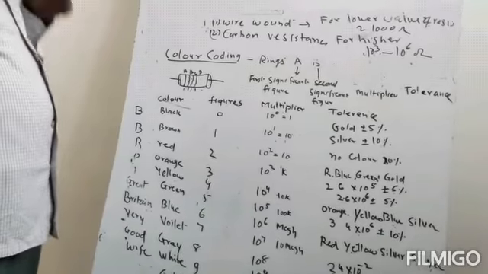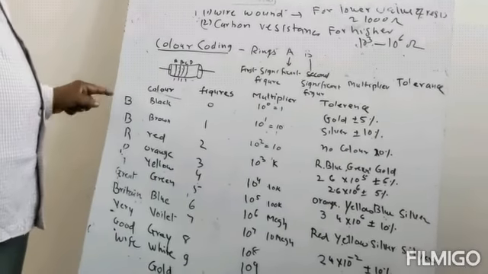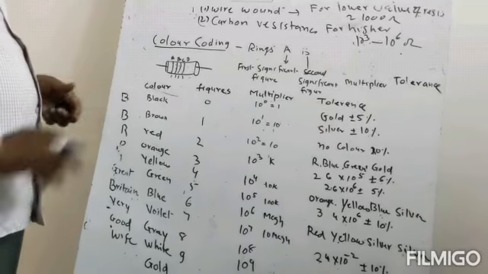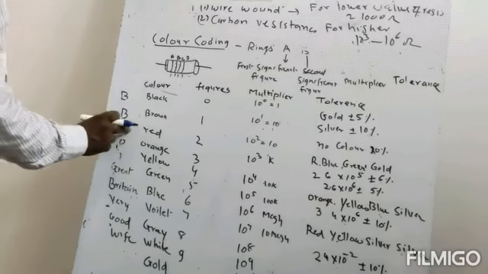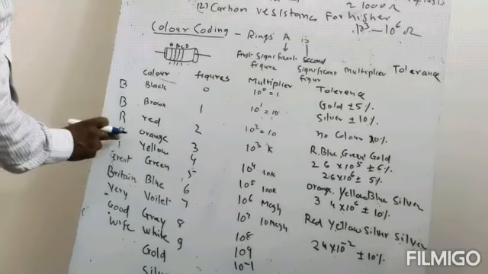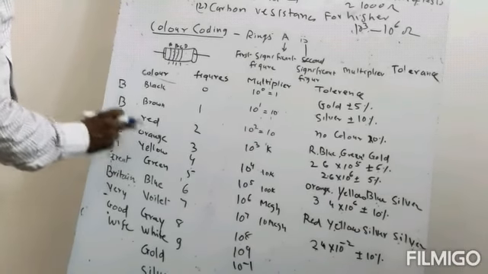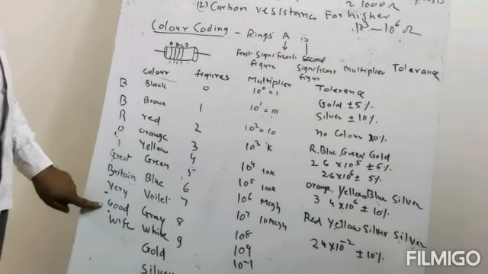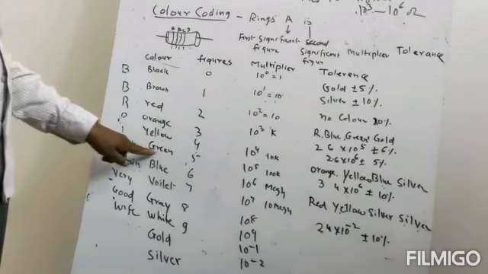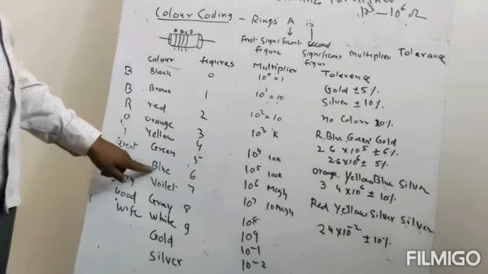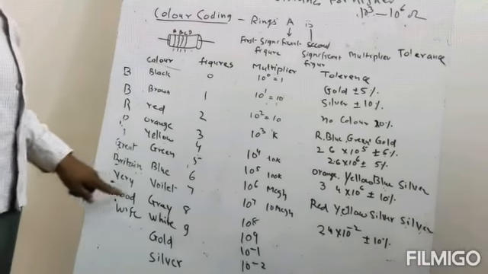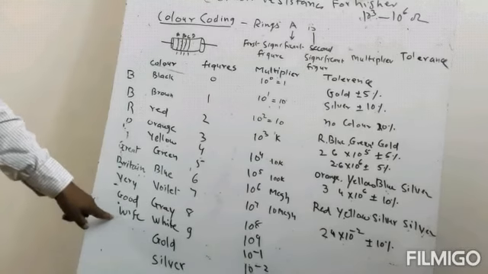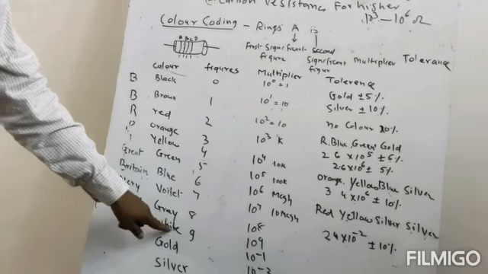Now we can remember this sequence by B B ROY, R-O-Y, B B ROY: B for black, B for brown, R for red, O for orange, Y for yellow. B B ROY Great Britain Very Good Wife, or Woman: Great for green, Britain for blue, Very for violet, Good for grey and Woman for white.